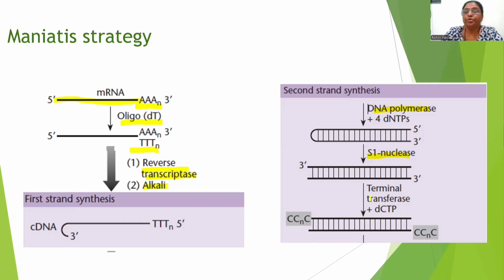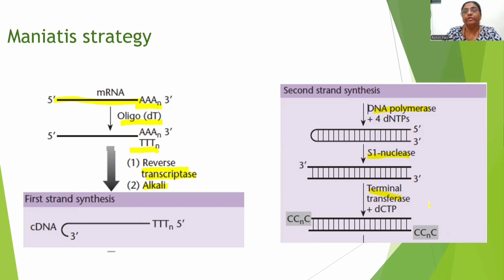Now for the cloning purpose, when we have to clone this cDNA into a vector molecule, to generate the complementary ends, terminal transferase is used. If you are using dCTP, it is going to add the poly C tail at the 3' end.